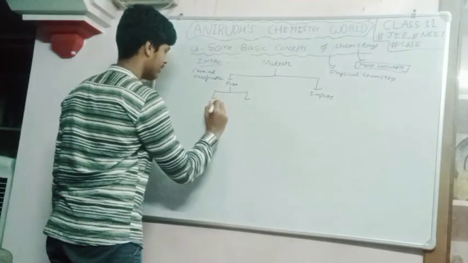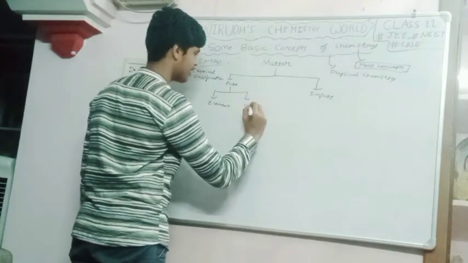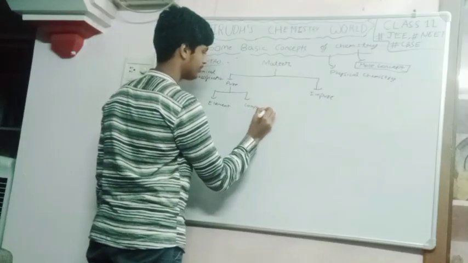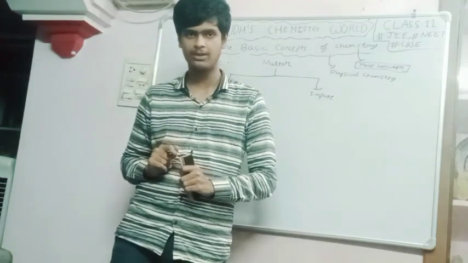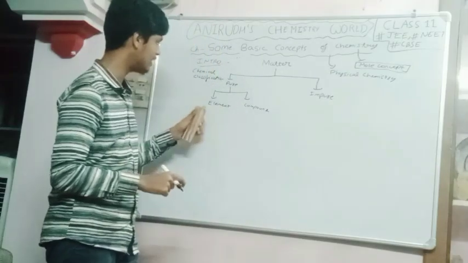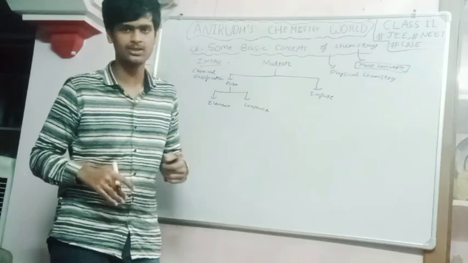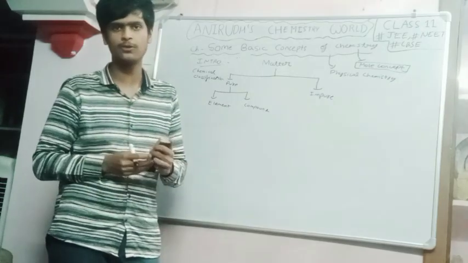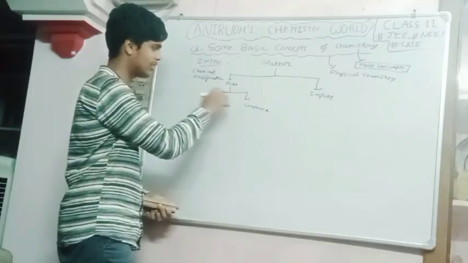First one is element, another is compound. The pure substances you are observing are of two types. You will see the pure form of an element, right? Nitrogen, oxygen, some metals like iron, aluminium, these all come under pure elements.